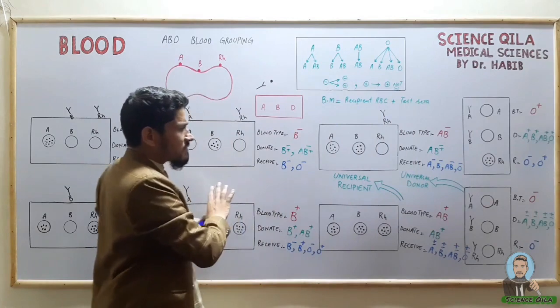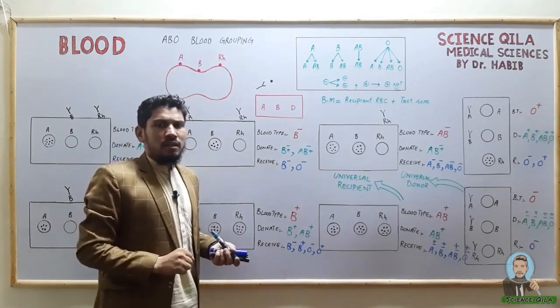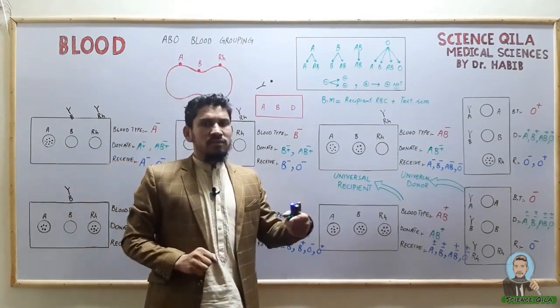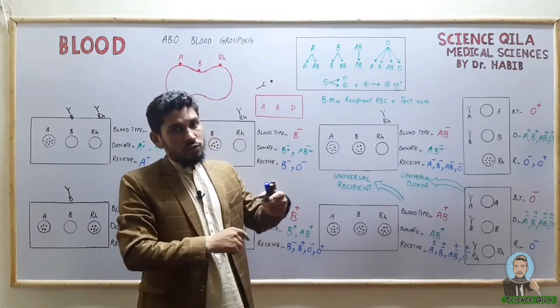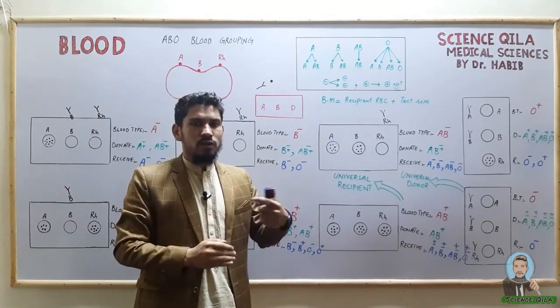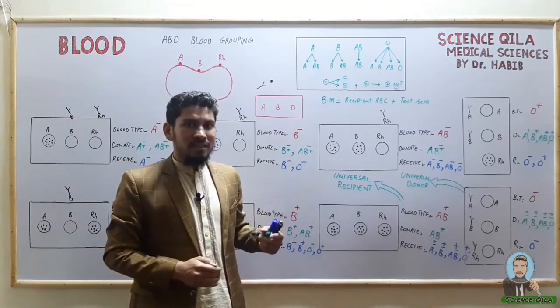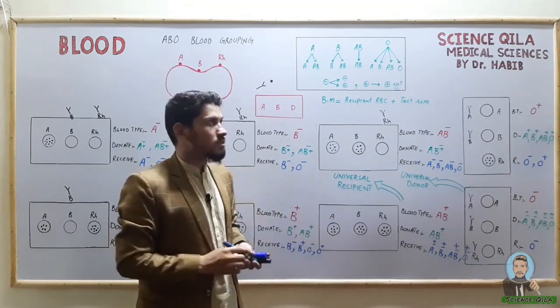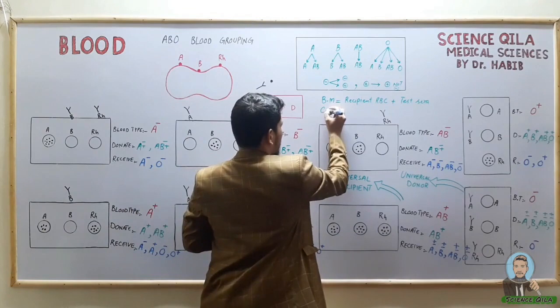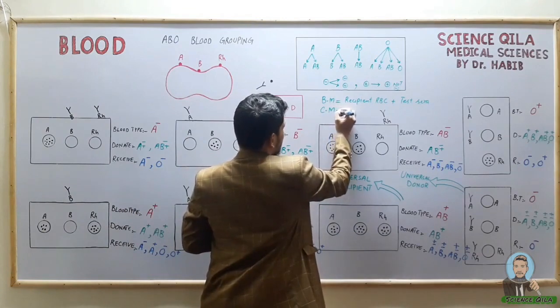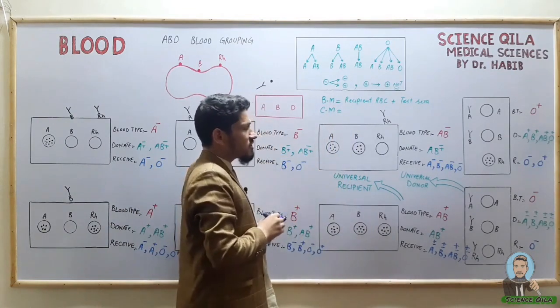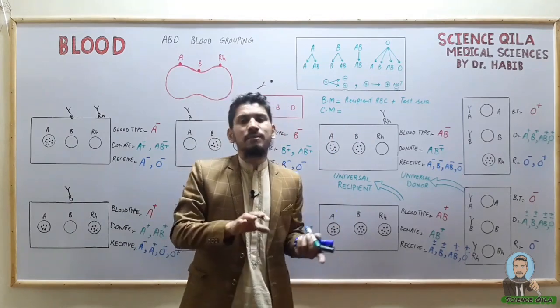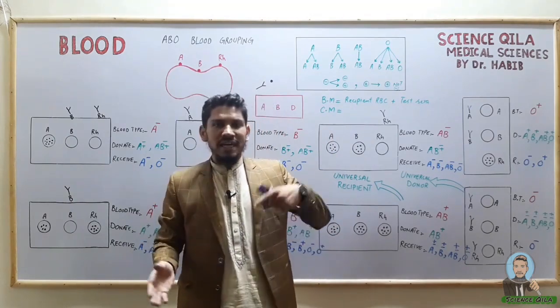Once you have typed the blood, just before you transfuse the blood from one patient to another, there is another method that is very, very important, called cross-matching. So what is the difference between cross-matching and blood matching? In cross-matching, you check the compatibility between donor's blood and recipient's blood.